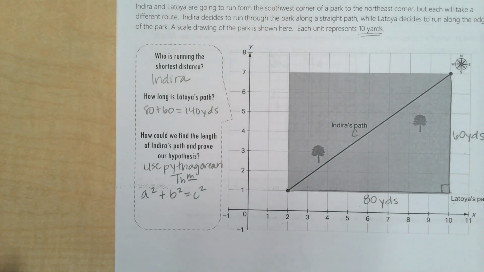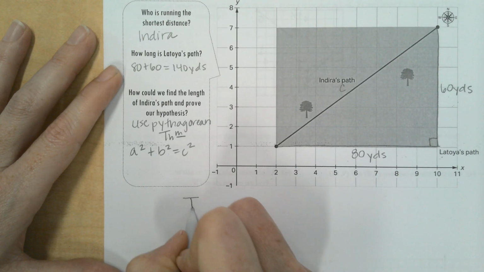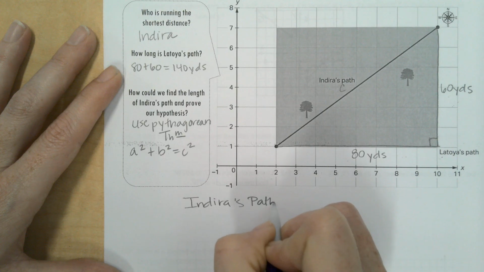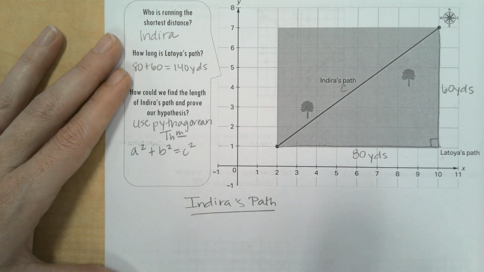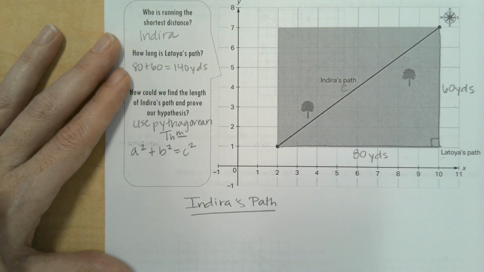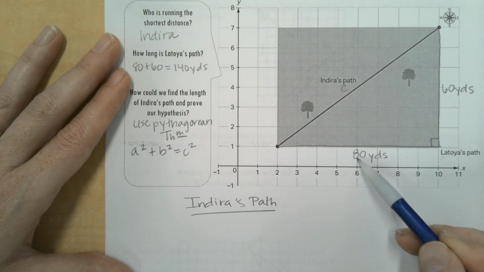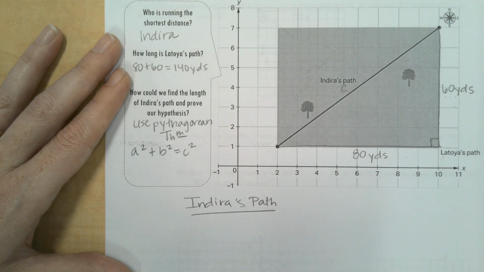But let's go ahead and figure out Indira's path. So I'm going to come down here. Now, if I were you, I know this says 80 and this is 60. Remember it was 8 and 6? I would use 8 and 6 and then multiply by 10 at the end because 8 and 6 are nicer numbers than 80 and 60, right?